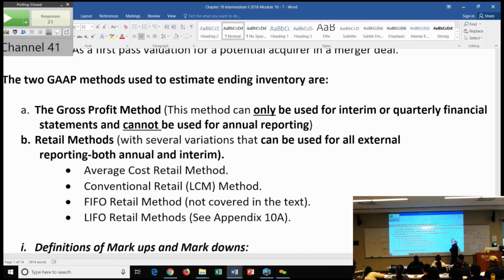They will simulate lowest cost of market. I wanted to show you FIFO to be complete. It's not in the textbook, but it really helps you see the entire picture. And then the LIFO retail methods, there are 2 of them. One of them is LIFO, straight up, and then there's dollar value LIFO retail. So we'll see all of those as we move along.